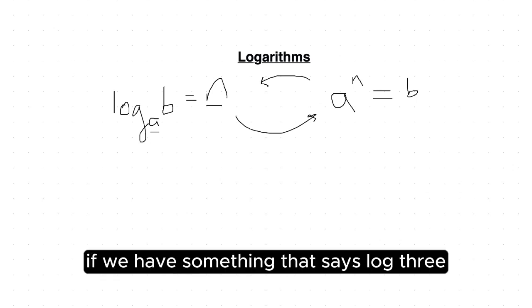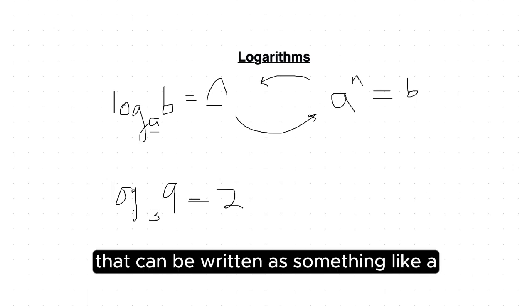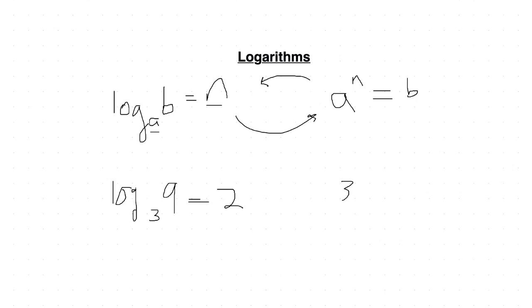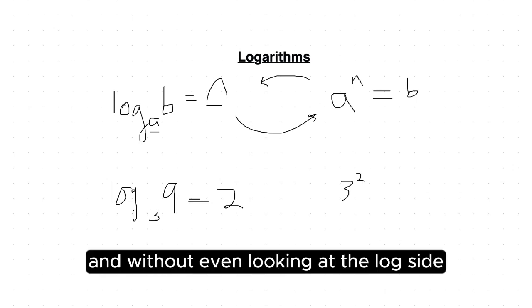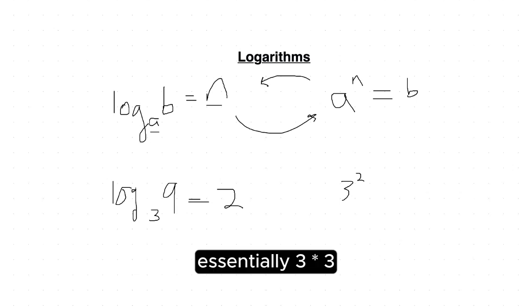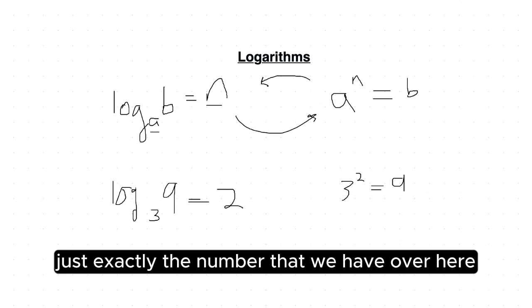For example, if we have log 3 to the 9 equals 2, that can be written as a, which is our base here, 3 to the power of n, which is 2 in this case. Without even looking at the log side, what is 3 to the power of 2? That's essentially 3 times 3, which equals 9, which is exactly the number that we have over here.